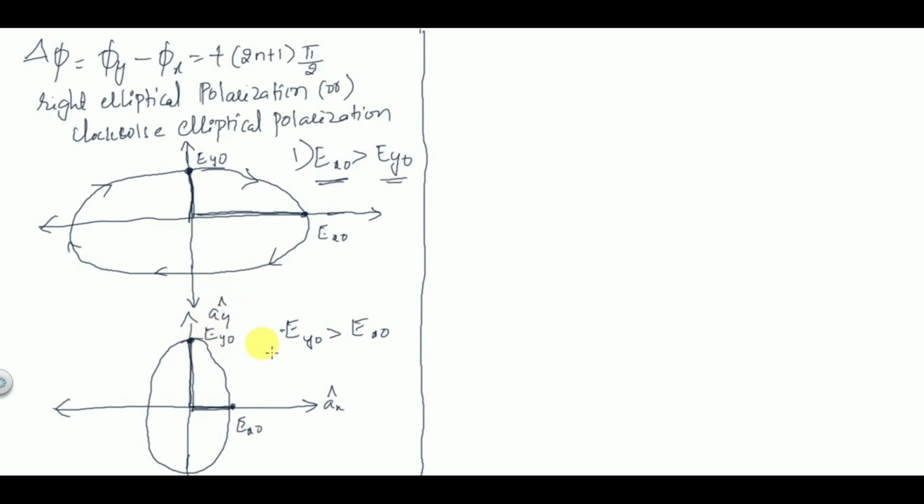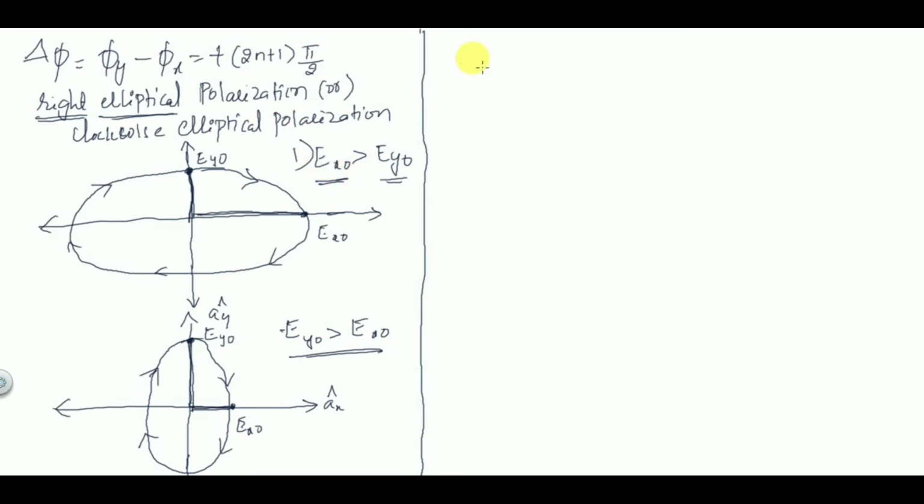So when Ey0 is more when compared to Ex0, this will be the locus. This is again in the clockwise direction only. So these are the two types of right elliptical polarization, and it again depends on the intercepts on the x and y axes respectively.